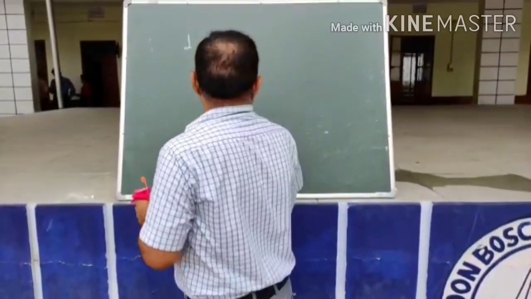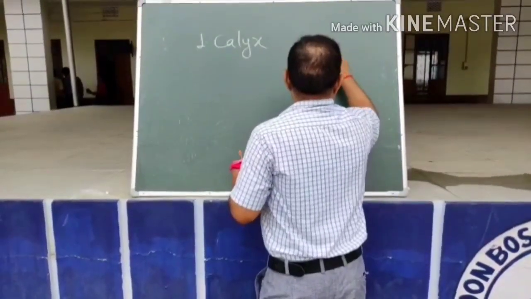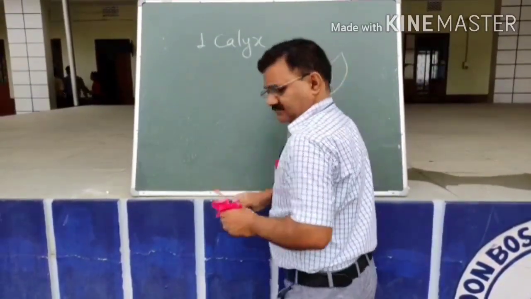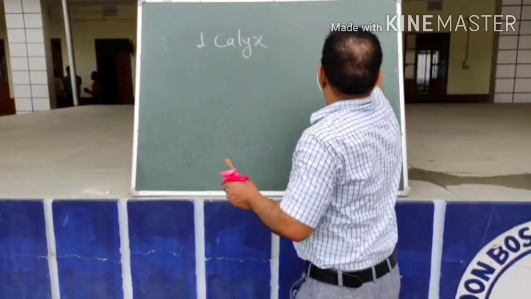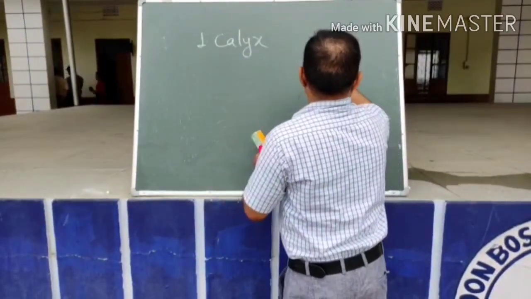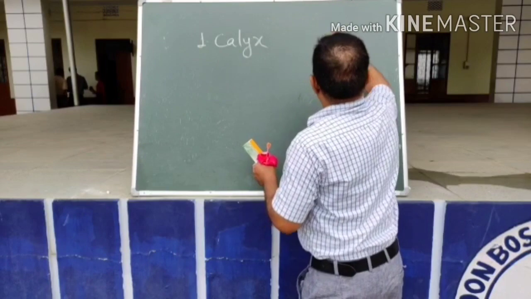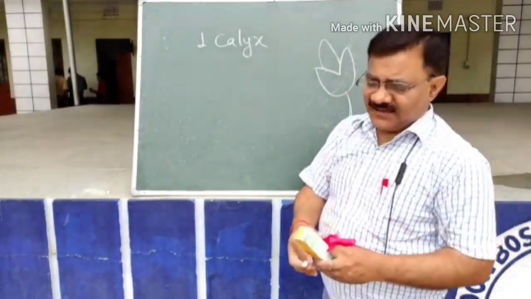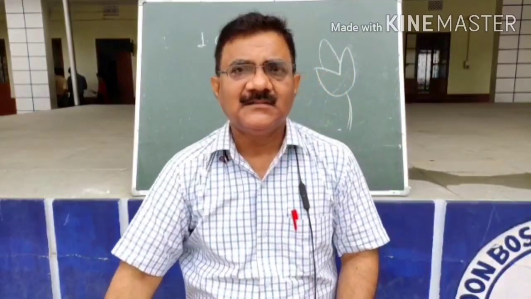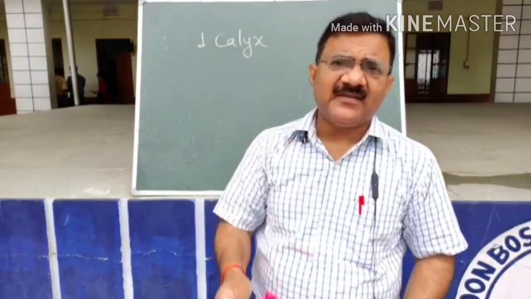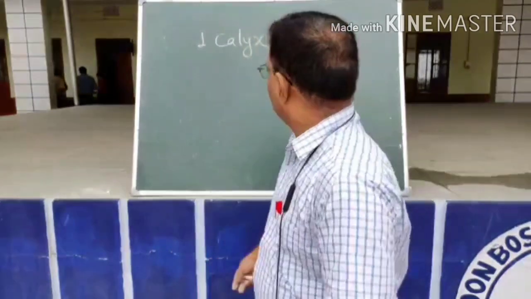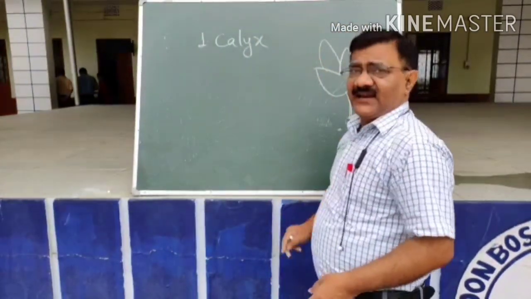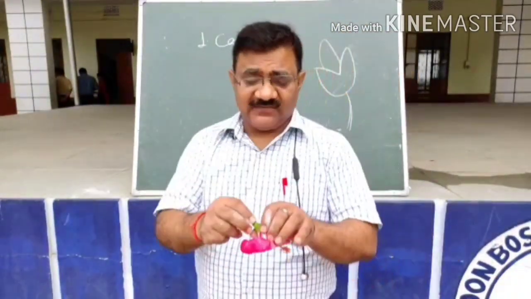And while the flower is in the bud form, this calyx protects the young flower. I also told that it is a reproductive shoot. Calyx is green in color.